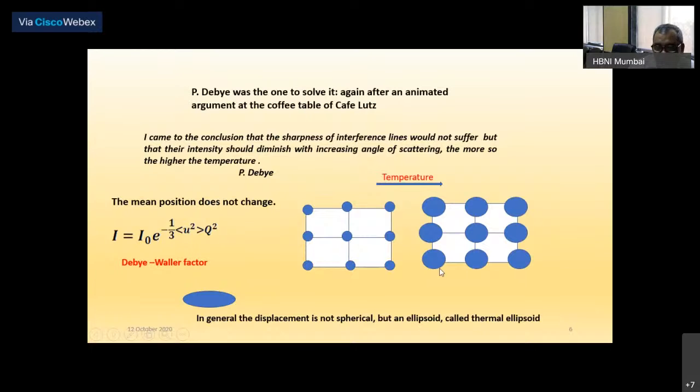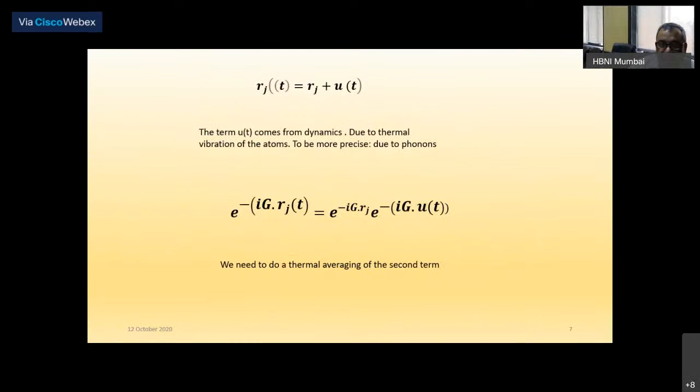So when an atom or molecule is in position at a time t, then R_j(t) has got two parts. One is the 0 degree Kelvin lattice position, the fixed position, and the displacement around that. And this term comes from dynamics. Right now I am not talking about dynamics directly, but through an average picture as you see here.